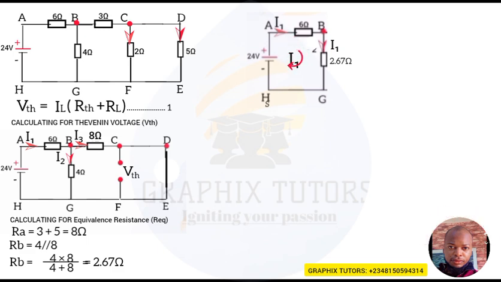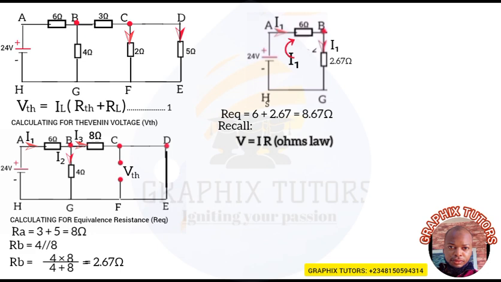So we'll now use our R equivalent, because we've taken everything as a single unit here. So my R equivalent will now give me 6 plus 2.67, and that'll give us 8.67 ohms. Are we together? Now, recall, since we've gotten our R equivalent, we want to calculate for our current now. So we say that V is equals to what? I R, that is Ohm's law, where V you see here is our voltage source, which is 24.